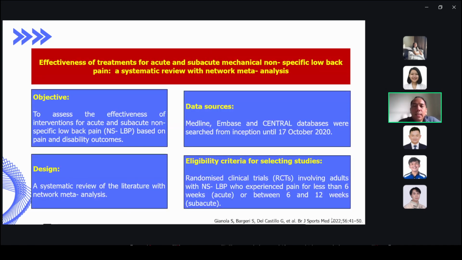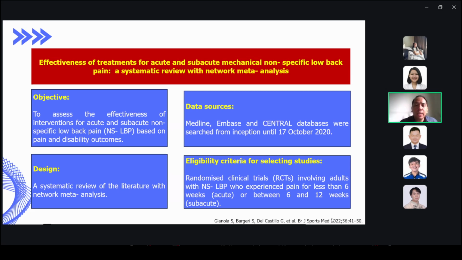So there is a systematic review with network meta-analysis on the effectiveness of treatments for acute and subacute mechanical non-specific low back pain. So in making CPG, so we also need a systematic review and network meta-analysis, yung SRMA natin, no?